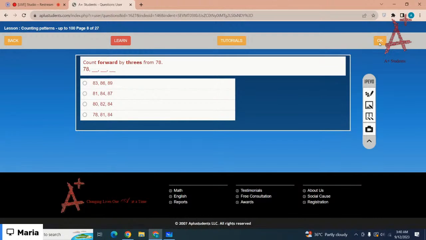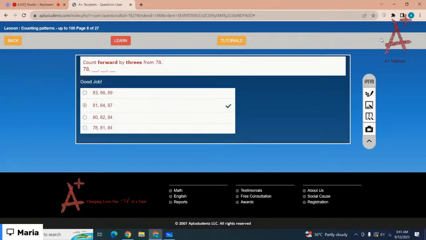So which is the correct option? 78 plus 3 is 81. That would be option number 2: 81, 84, and 87.